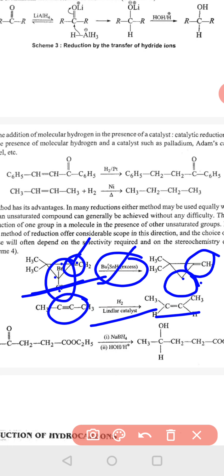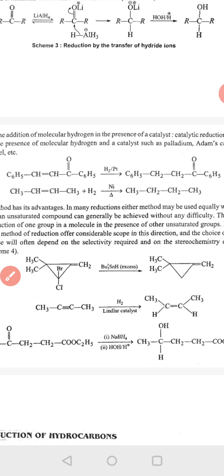In the third example, sodium borohydride is used as the reducing agent, and we get a product where only the C=O bond is reduced and this C=O bond is left untouched.